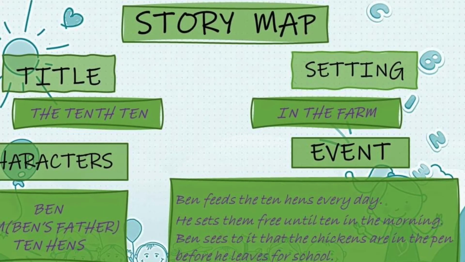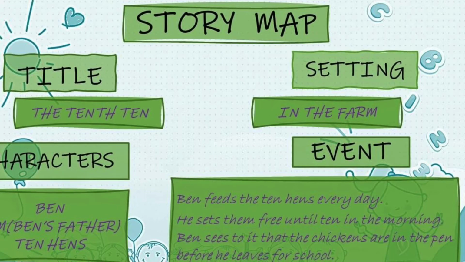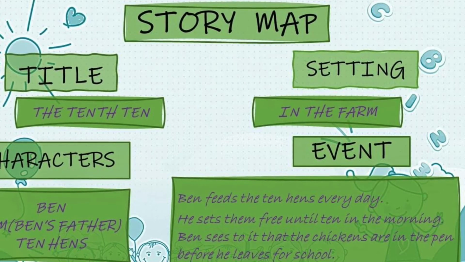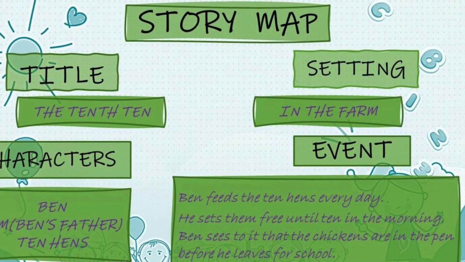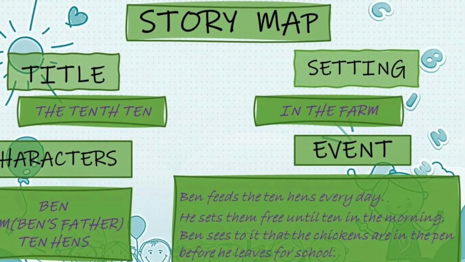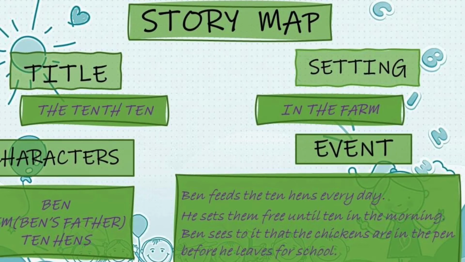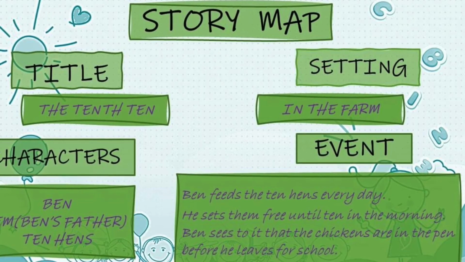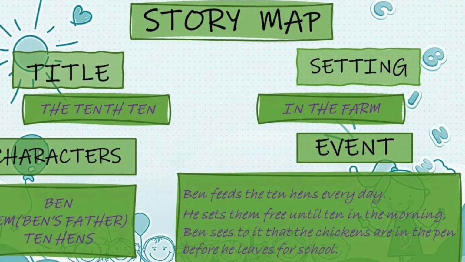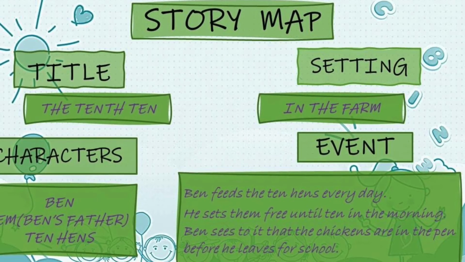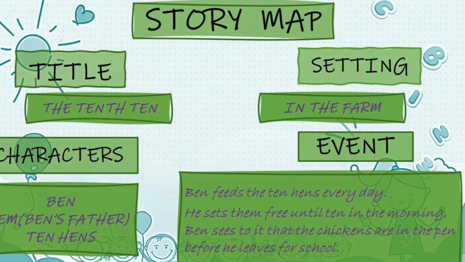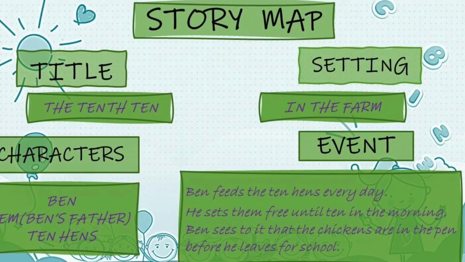Here is an example of a story map. We use a story map to help us identify more the elements of the story that we have just read. Story map. The title of the story is The 10th Hen. The story happened in the farm, which tells us the setting.